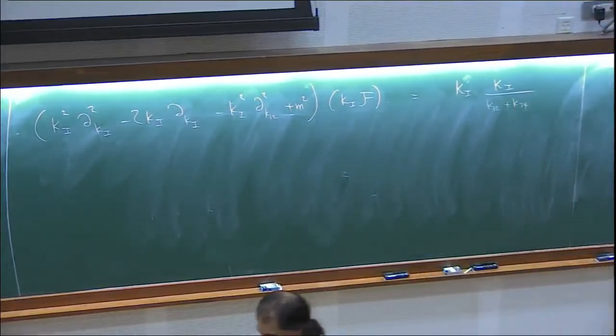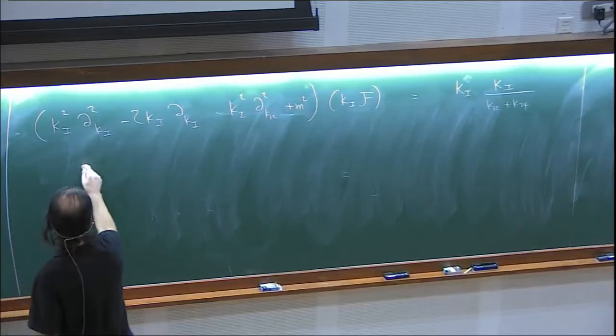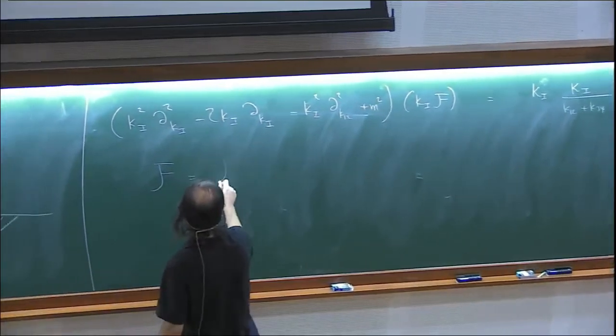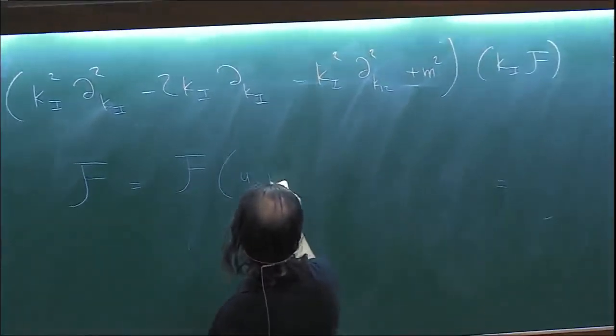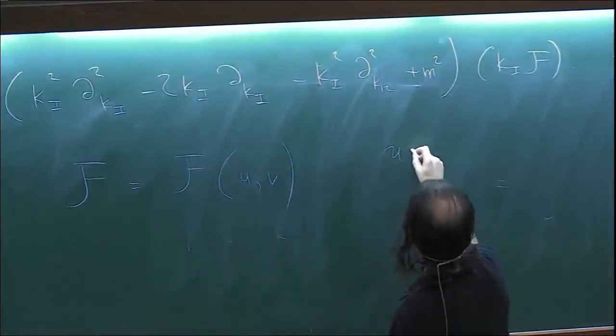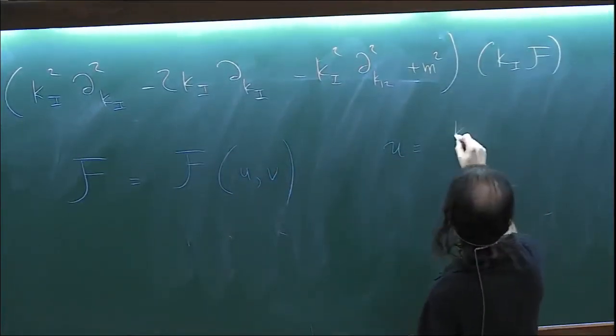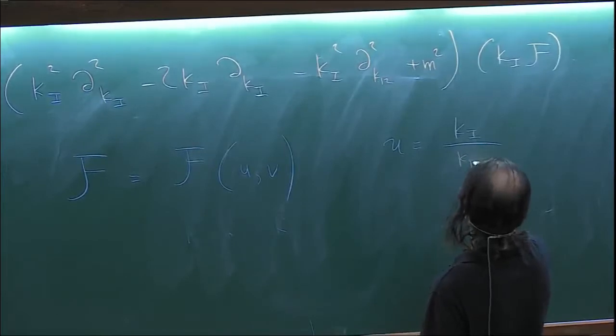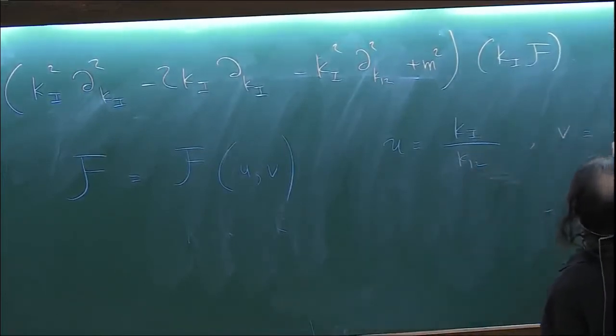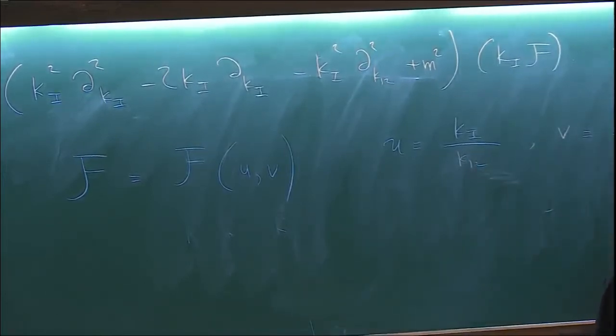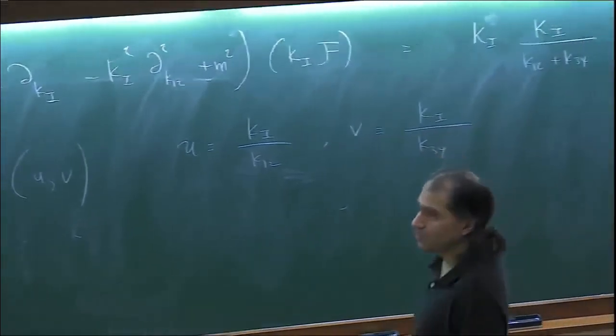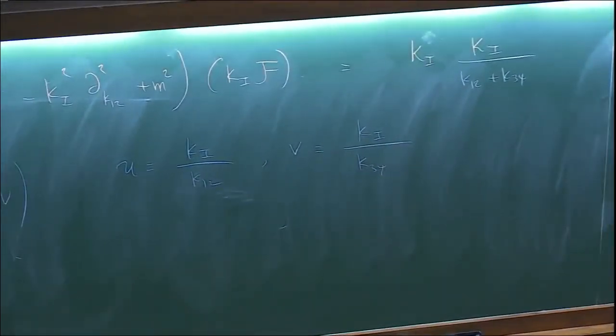And so now, because I know that F only depends on dimensionless ratios, let me say that F is really a function of what I'll call u and v, where u is K intermediate over K12, that'll be slightly more convenient, and v is K intermediate over K34. I'm inverting it.